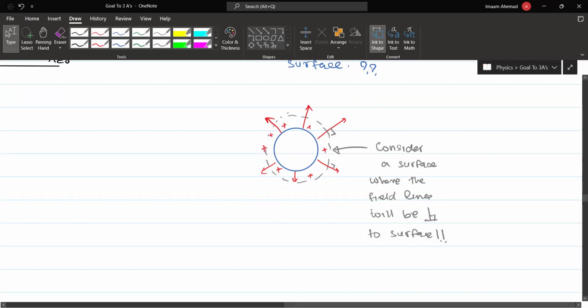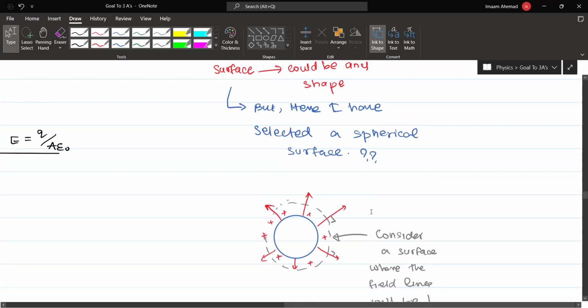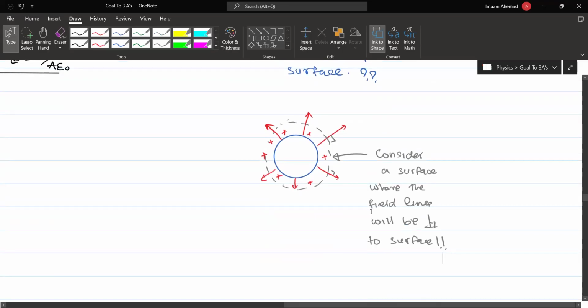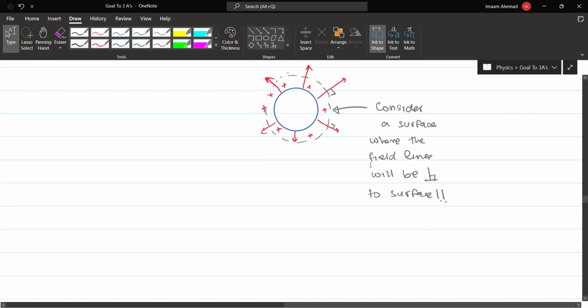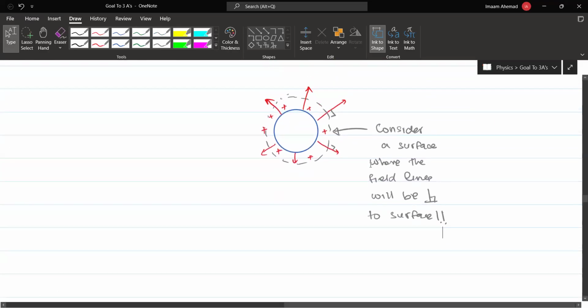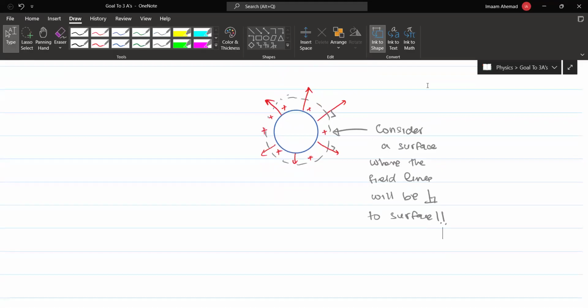You are free to choose any surface, but we are choosing a surface such that the field lines should be perpendicular to them. How about the others? Is it clear or shall I explain once again?